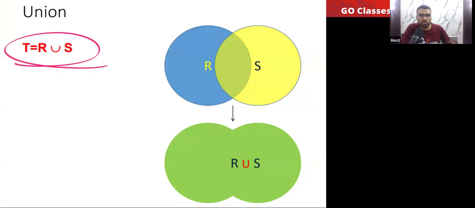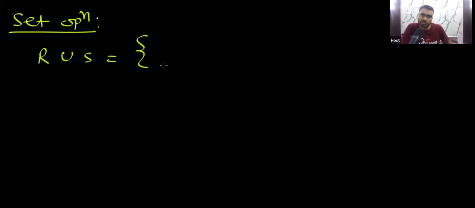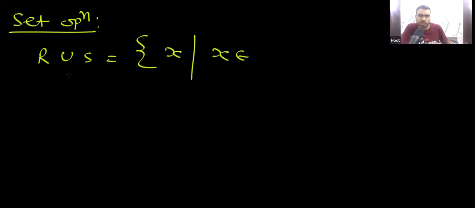What is union? You already know. Let me quickly tell you the definition of all set operations. What is R union S? That will be all the elements which belong to R or S. You take all the elements of R and all the elements of S. This is the definition of union.